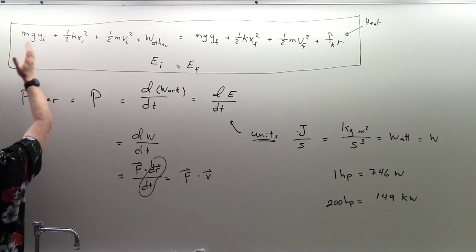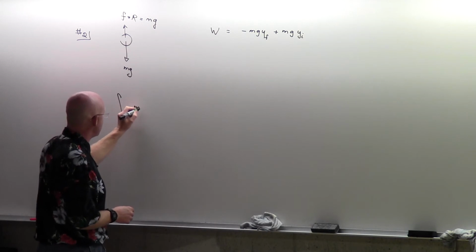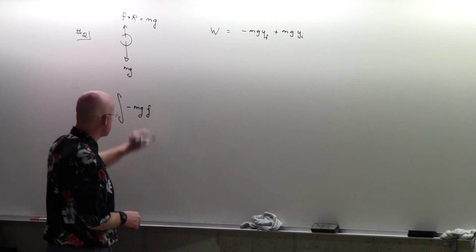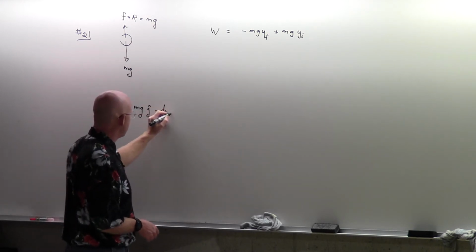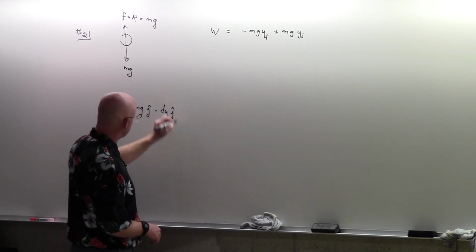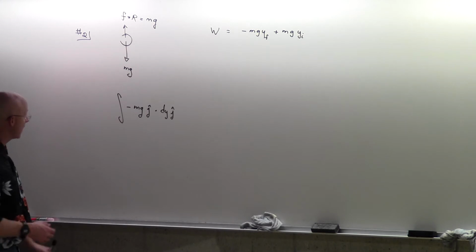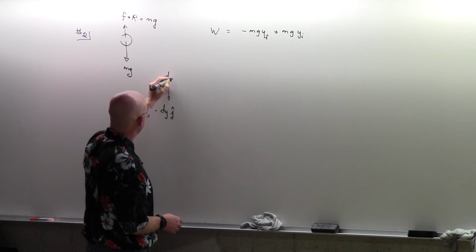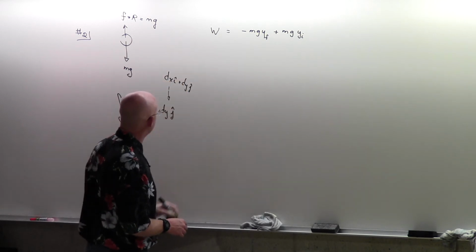This was over here. Those two together was actually then the integral when I took a force of negative mg in the j hat direction, and it moved in a y direction. Actually, when we did the integral on Monday, we had the possibility that it could also move in the horizontal direction.